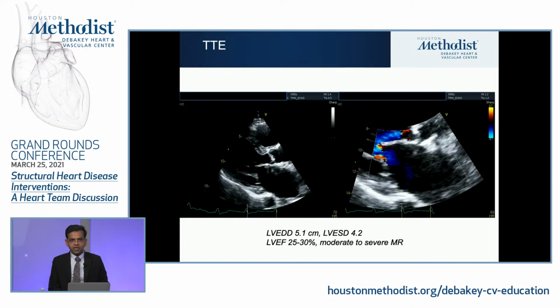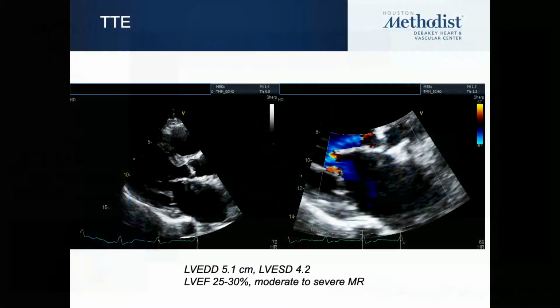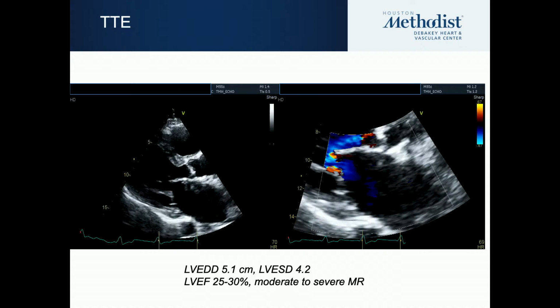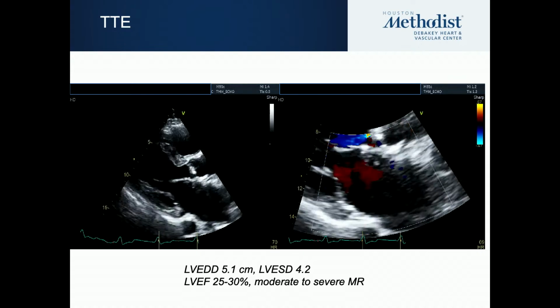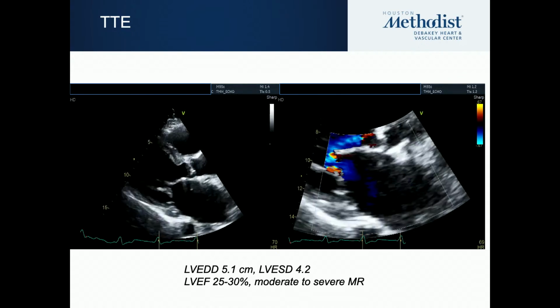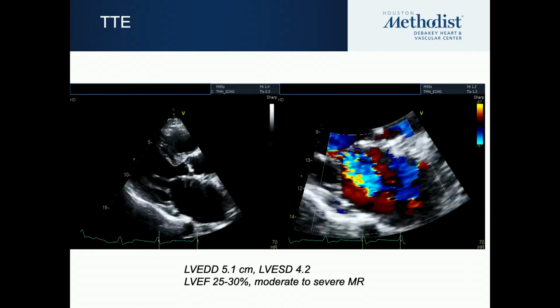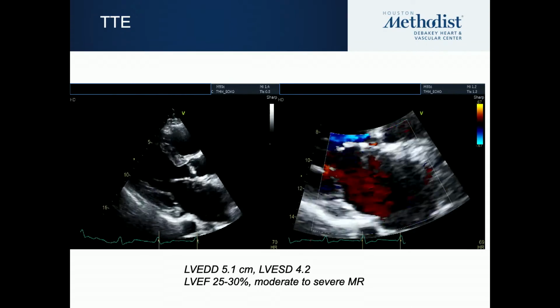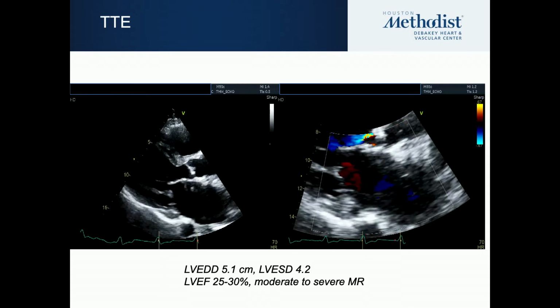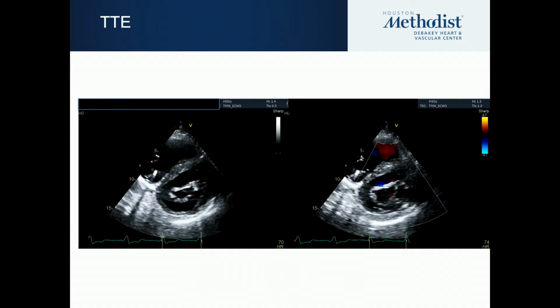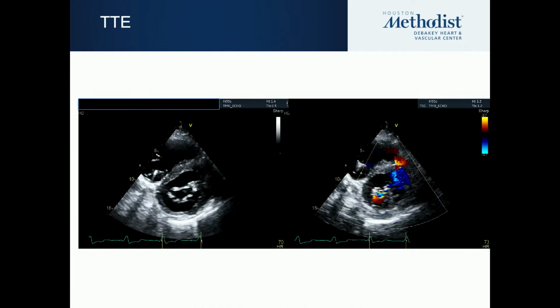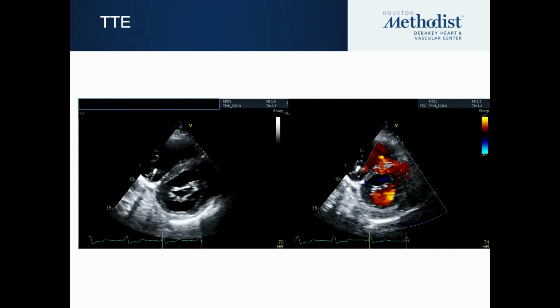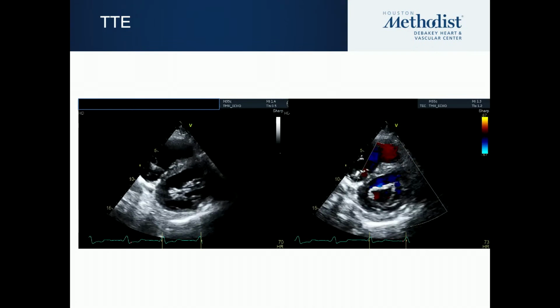So moving forward to the imaging, his transthoracic echo showed a mildly dilated left ventricle with an ejection fraction of 25 to 30% and at least moderate to severe mitral regurgitation. This is the short axis at the level of the mitral valve, showing the location of the mitral jet being predominantly central.